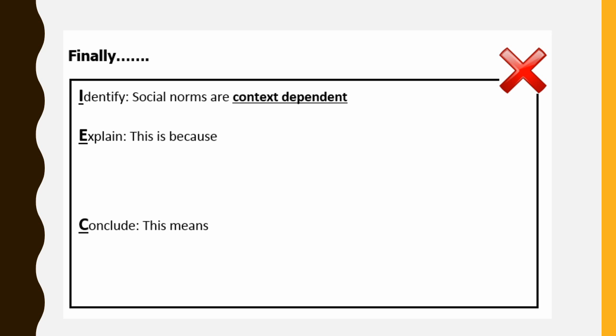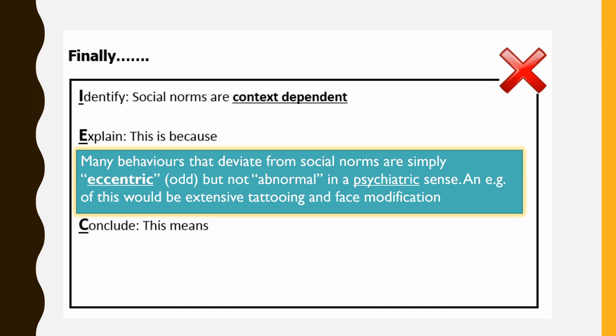And finally, all right, the last criticism that you'll see listed in your booklet is that social norms are context dependent. This is because many behaviours that deviate from social norms are simply classed as eccentric. It's not abnormal in a psychiatric sense, i.e. you don't think that somebody's mentally ill because they are a little bit eccentric.